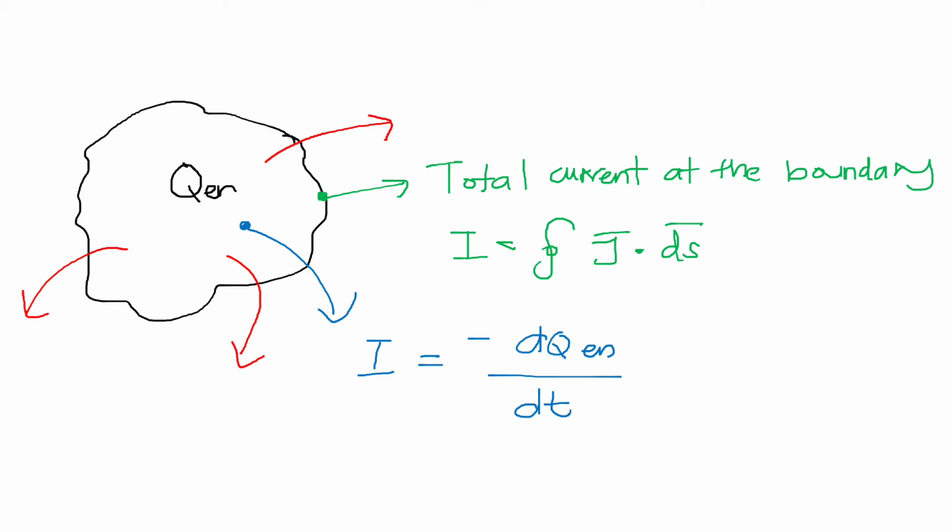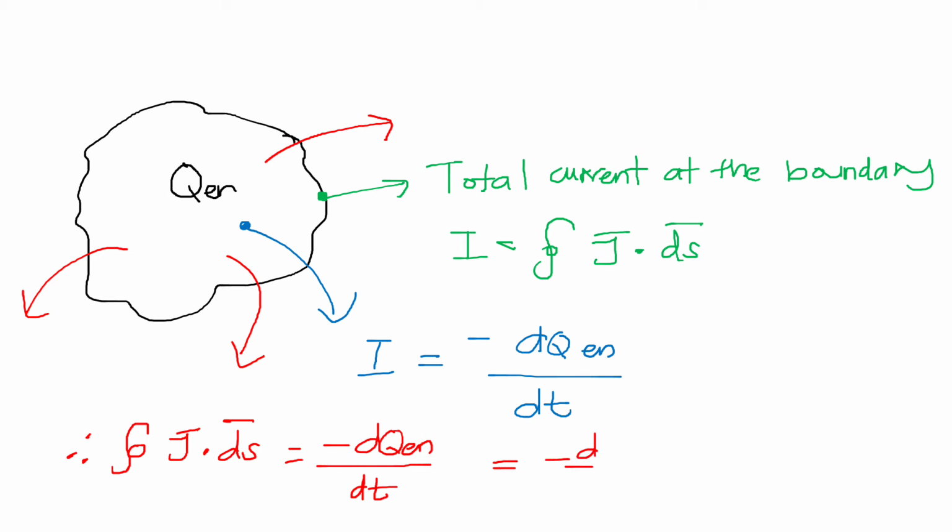Thus, we can write the integration of J dot ds is equal to negative dQ enclosed over dt. And this one is equal to negative d over dt integration of rho v dv.